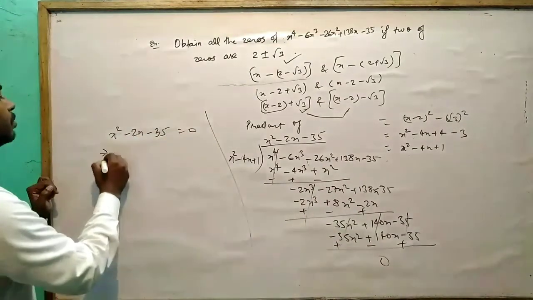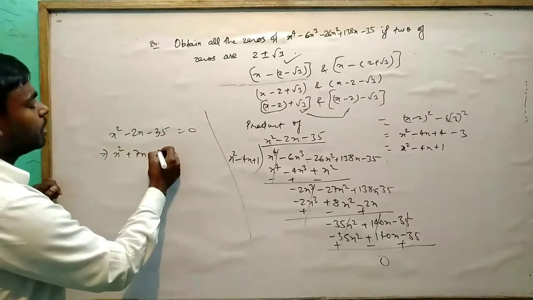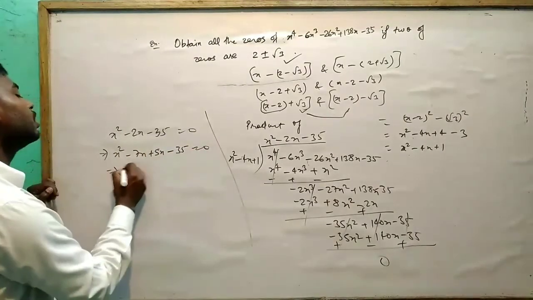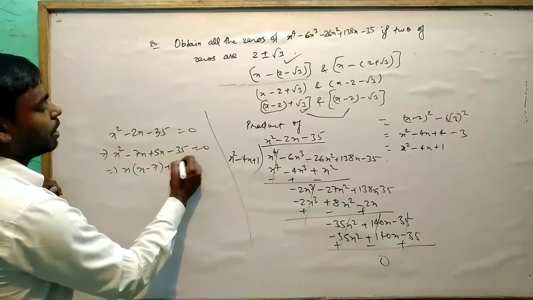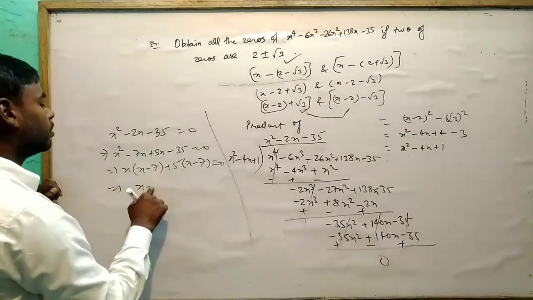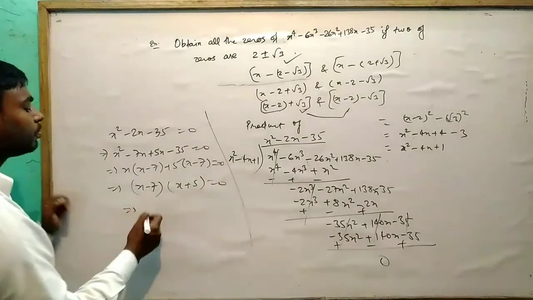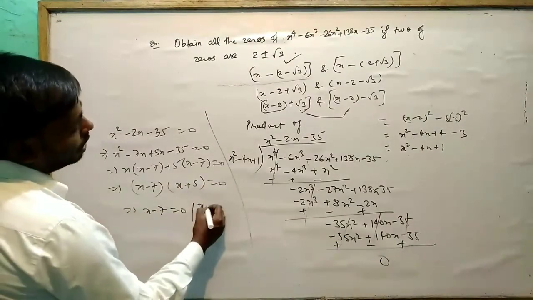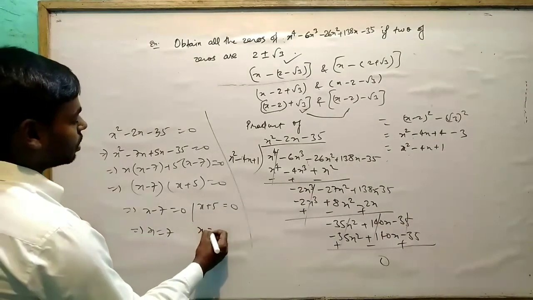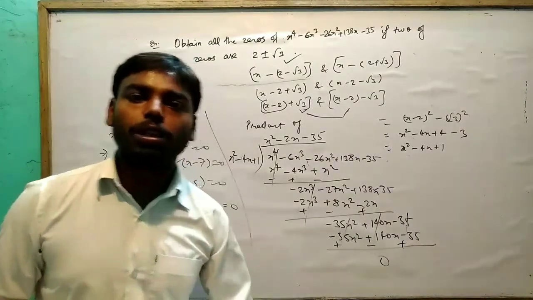We split the middle term: x square minus 7x plus 5x minus 35 is equal to 0. Taking common, x into x minus 7 plus 5 into x minus 7 is equal to 0, so x minus 7 is common, and we get x plus 5. Now x minus 7 is equal to 0 and x plus 5 is equal to 0, so x is equal to 7 and x is equal to minus 5. These are the other two zeros of the given polynomial.